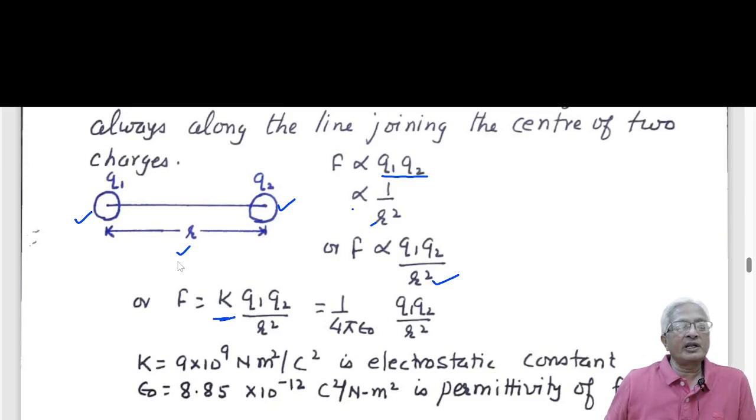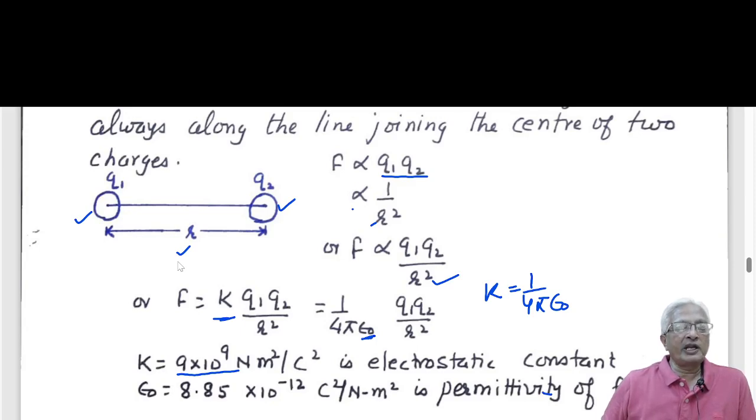K can also be written as 1 upon 4 pi epsilon 0. So K is equal to 1 upon 4 pi epsilon naught. K is called the electrostatic constant and has a value of 9 into 10 raised to power 9 newton meter square upon coulomb square, while epsilon naught is called the permittivity of free space. And what is the value of the permittivity of free space?